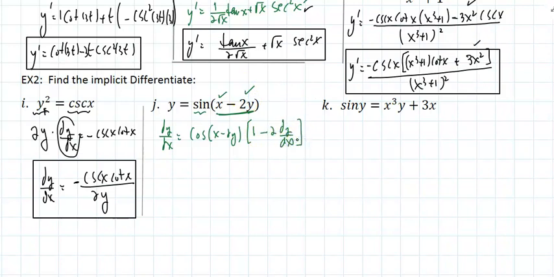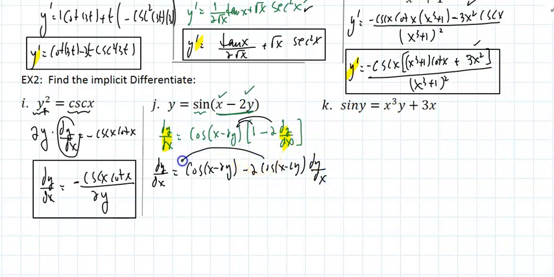So here, you always have to solve because you want dy dx on one side, everything else on the other side, just like we did in the previous problems. Well, if I distribute that in, I'll get dy dx to be cosine of x minus 2y minus 2 cosine of x minus 2y dy dx.